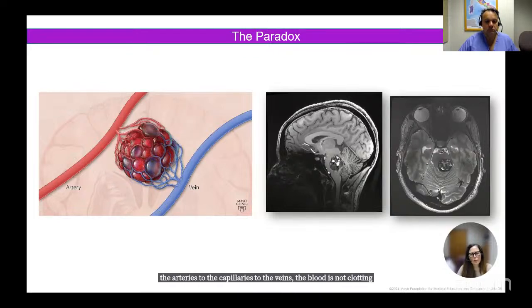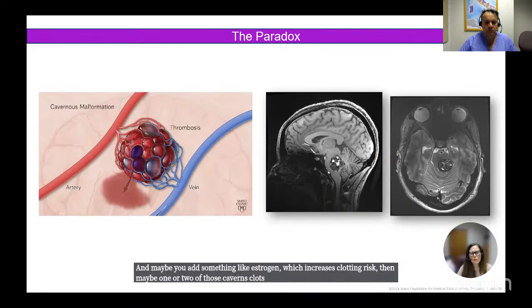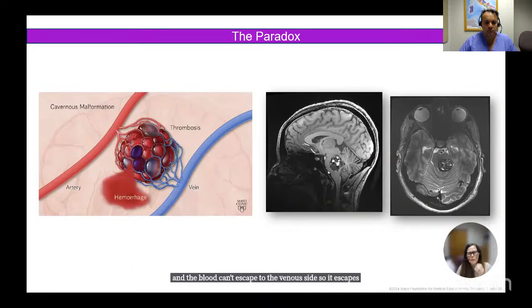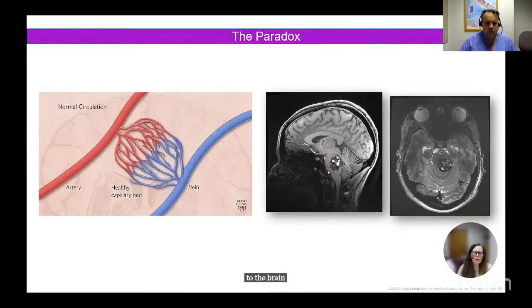But if you put a cavernous malformation there and the blood is not moving as quickly as it would, and maybe you add something like estrogen, which increases clotting risk, then maybe one or two of those caverns clots and the blood can't escape to the venous side, so it escapes to the brain. So that theory would make sense why aspirin or antithrombotics might reduce the risk of cavernous malformation hemorrhage, whereas estrogens in particular might increase the risk.